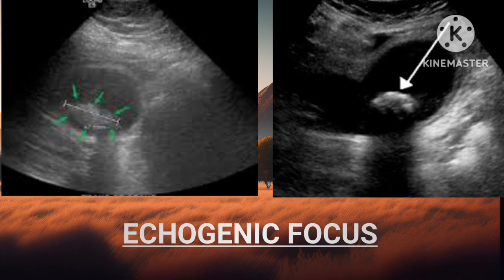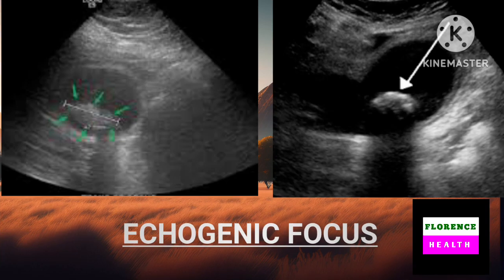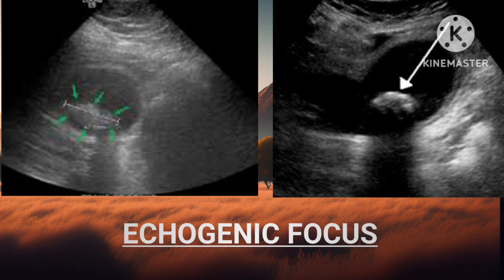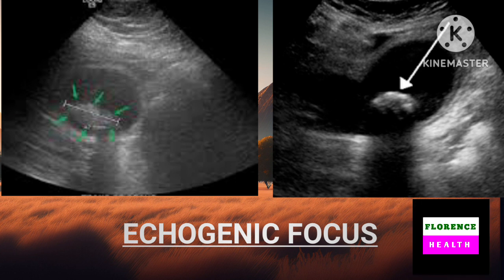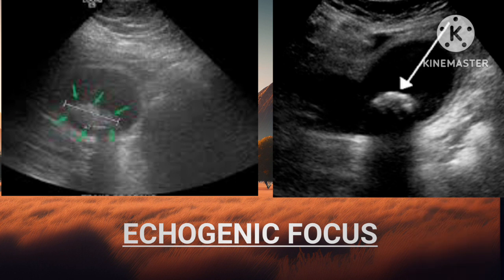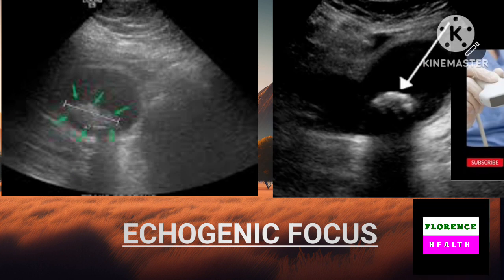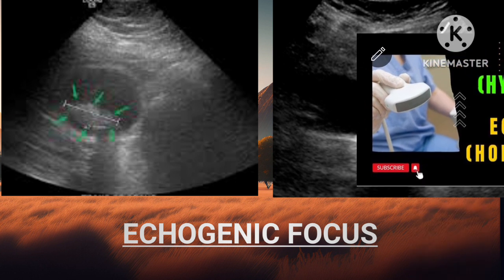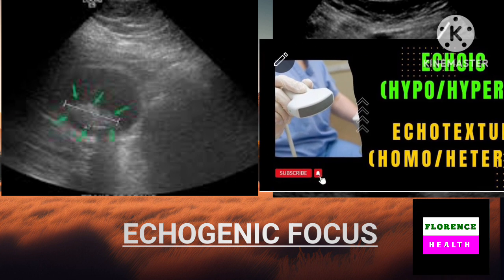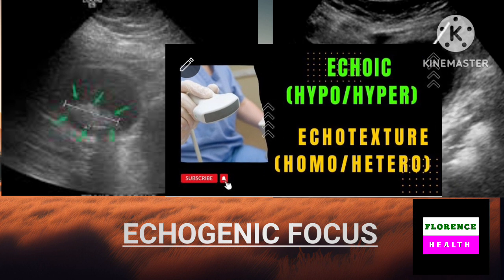Let's discuss what is echogenic focus. A focus is echogenic, that means that focus is hyperechoic. In other words, you can say that focus is bright or white in color. I have already discussed hyperechoic, hypoechoic, anechoic, isoechoic in my previous video.